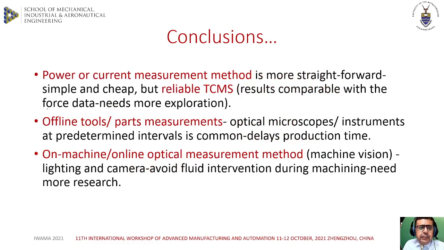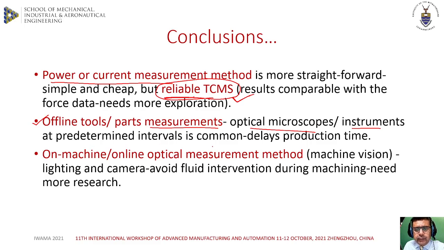Now coming to the power and current measurement, these are very reliable sensors, and we can capture a lot of information using them. So they have great potential for tool condition monitoring systems. Now coming to offline tool and part measurement systems, here we make use of optical microscopes and other instruments for making measurements.